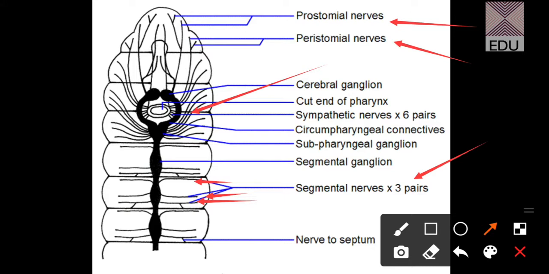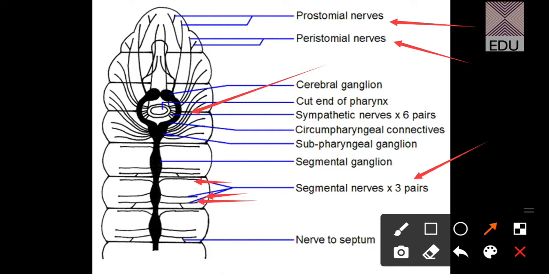This is a particular arrangement of the nerves in a single segment of earthworm. The nerves are of mixed type, consisting of both afferent, or you can say sensory fibers, and motor fibers. So these are mixed type nerves which make the peripheral nervous system of earthworm.